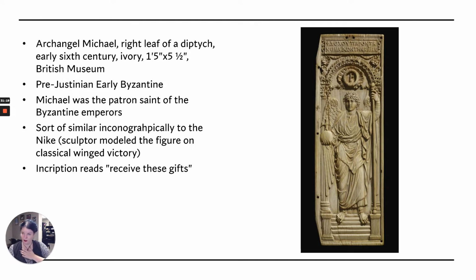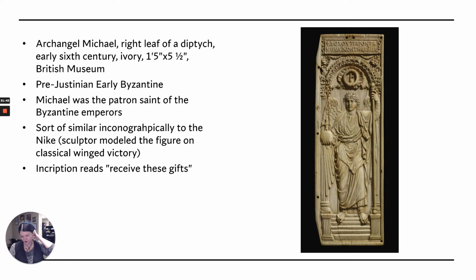Okay, in the early Byzantine, we have what's called the Golden Age of Byzantine art, and that's the Justinian period. So that's when Justinian is the emperor. So this is a little bit pre-Justinian. So sometimes when we're talking about early Byzantine art, things get categorized as Justinian or pre-Justinian, just so you're familiar with this.